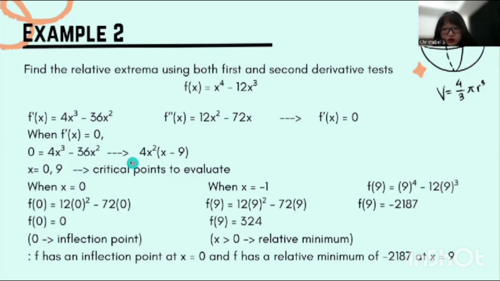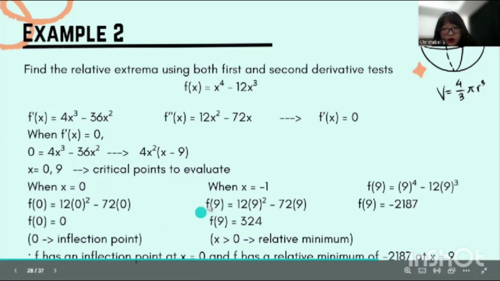After that, we substitute the critical points into the second derivative, and we find that when x is equal to 0, the second derivative will also be 0, making the point at x equals 0 an inflection point. While when x is equal to 9, the result is greater than 0.